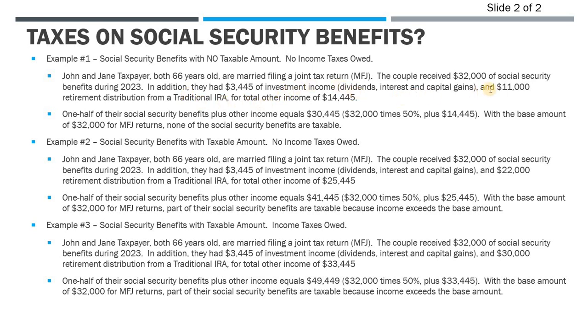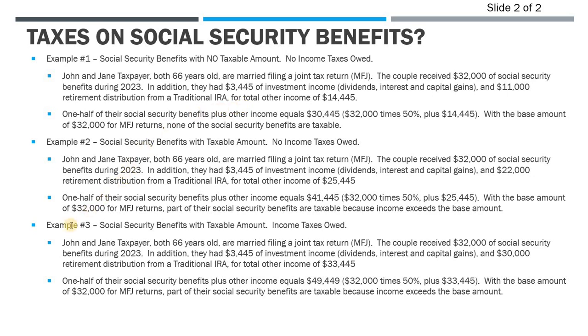Now the couple has $32,000 of Social Security benefits paid during the year, and then they had $3,445 investment income, which comprised dividends, interest, and capital gains. And then they had an $11,000 distribution from a traditional IRA. So their total other income is $14,445, right? The $11K from the IRA and then the investment income.